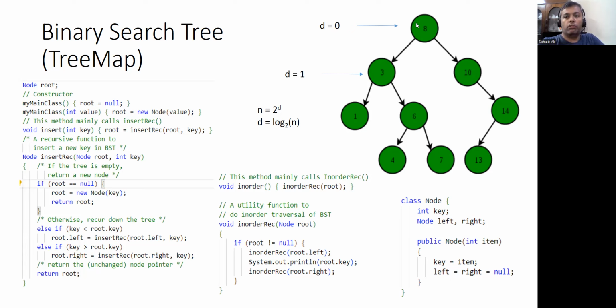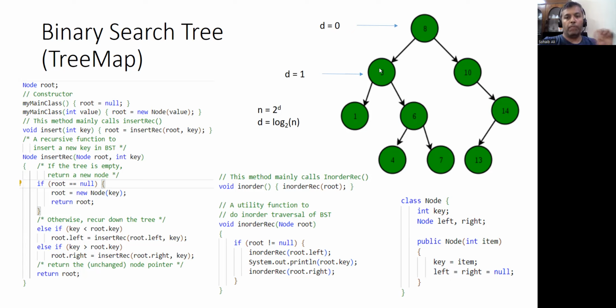You'll simply check whether 5 is greater than or less than 8. If it's less than 8, which obviously it is, then we go to the left. Then we check whether 5 is greater than or less than 3. Since it's greater than 3, we come over here, and then we check whether 5 is less than or greater than 6. Since it is less than 6, we move to the left.